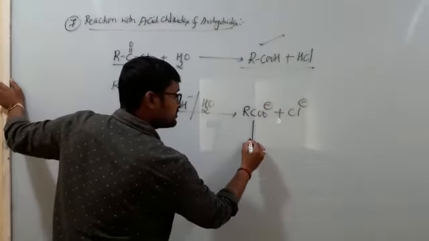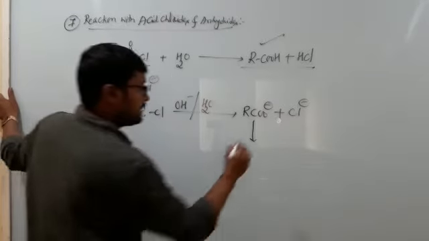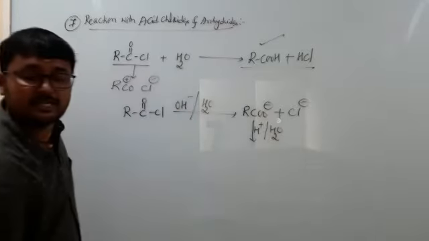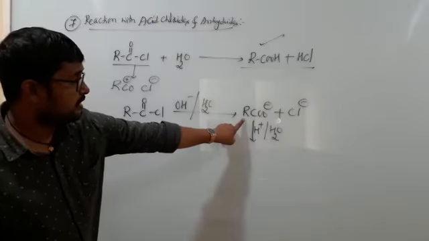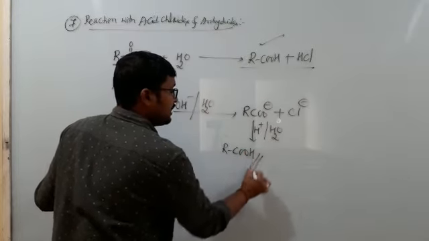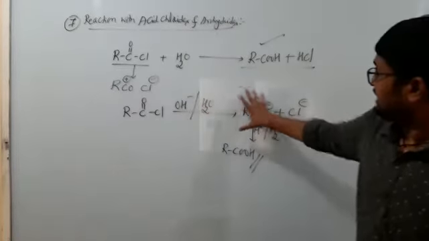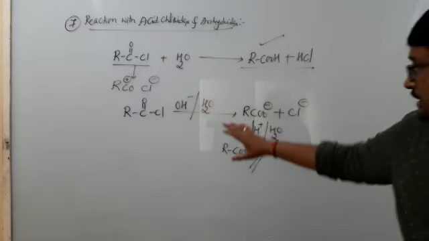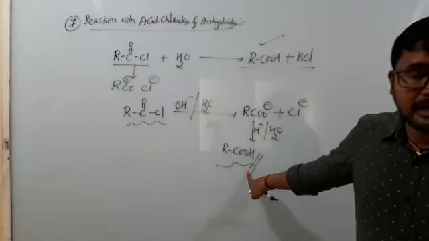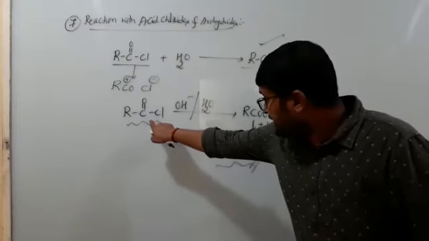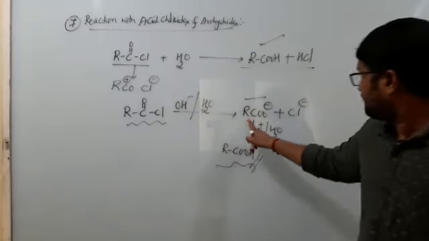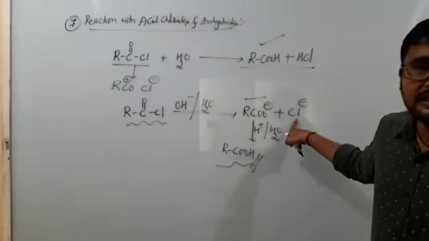This particular carboxylate ion which is obtained is again subjected to acid hydrolysis. When this carboxylate ion is subjected to acid hydrolysis, I can get carboxylic acid directly. So this method can be considered as another method by which an acid chloride can be converted into a carboxylic acid, when it is subjected to hydrolysis in the presence of a base, so that we get a carboxylate ion along with a chloride ion.